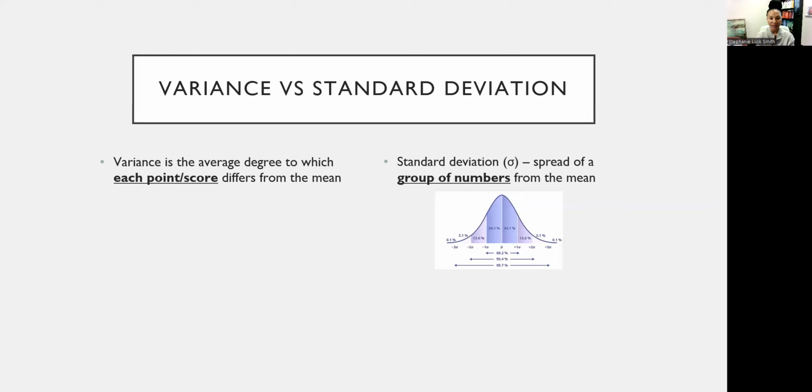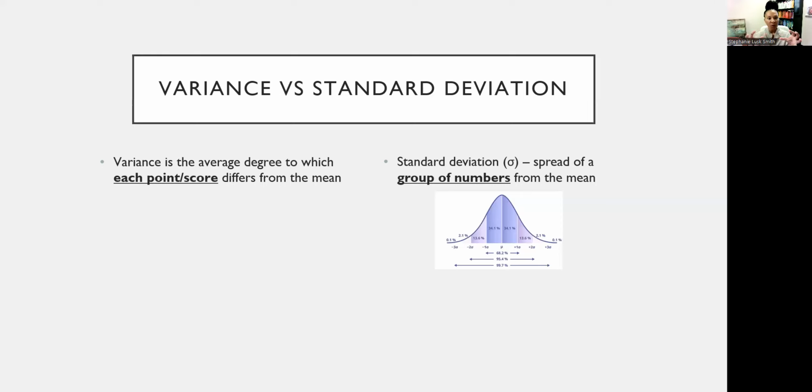So the standard deviation takes into consideration the entire group, right? And we use that to determine how dispersed or how spread out our data points or our scores are in relationship to the mean. Our variance is similar in a sense, but the variance gives us the opportunity to look at each individual score and determine how it varies or how it differs from the mean.